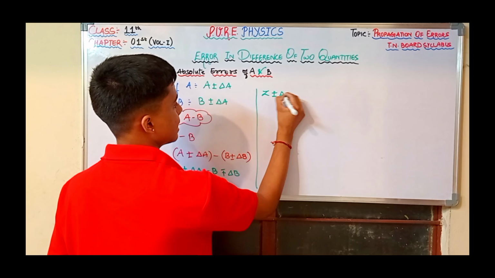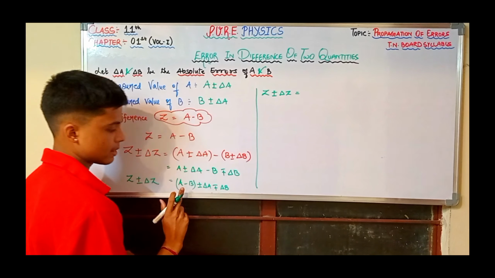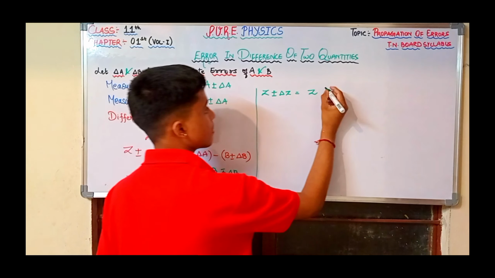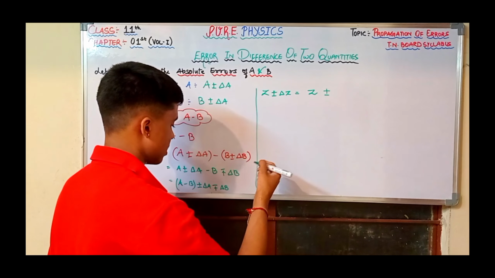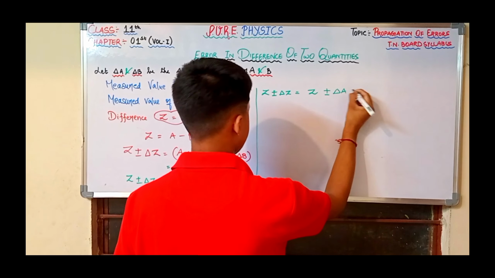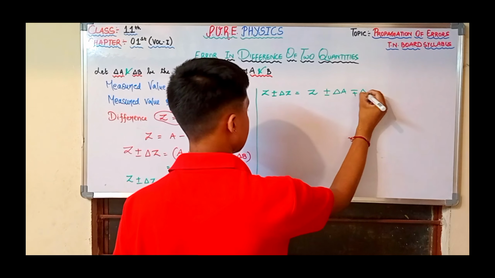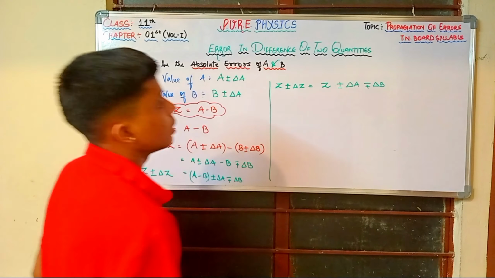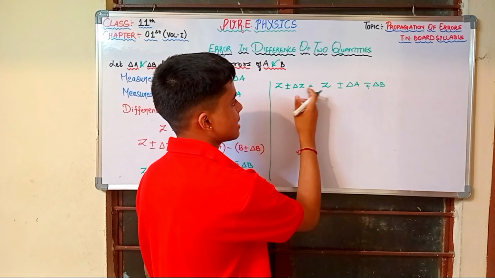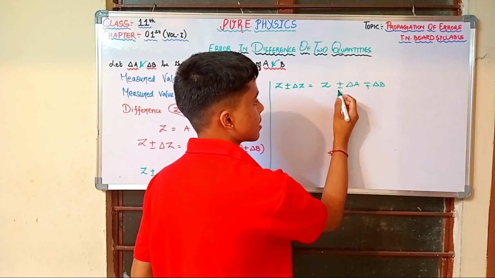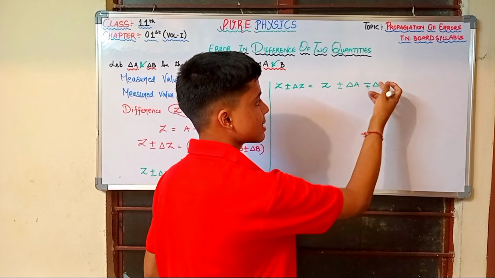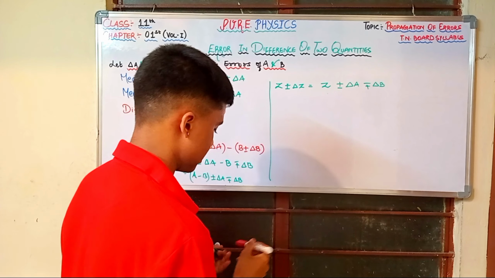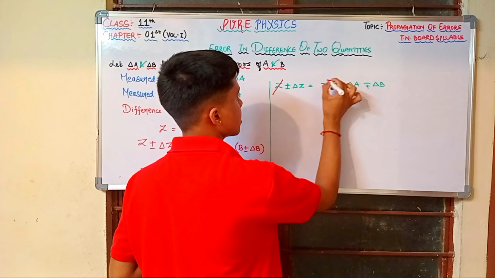So in the place of A minus B, I will substitute Z. Z plus or minus delta Z is equal to Z, and I'm going to put the same sign, plus or minus delta A minus plus delta B. Now this Z and Z will get cancelled.